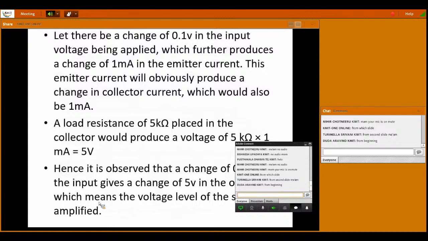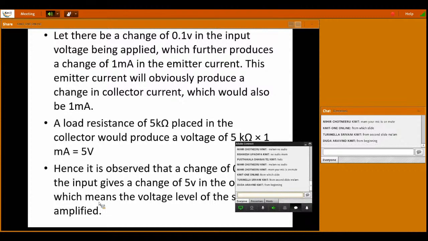That emitter current will obviously produce a change in collector current. In a common base amplifier, the current gain is approximately equal to 1. Hence, the output collector current is exactly equal to the input current, so the collector current is also 1 milliamp.